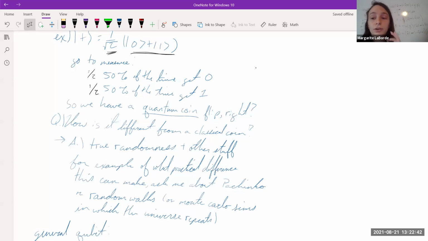There is a level of fundamental unknowability to your outcome. The interpretations of this differ greatly. Whether you're saying, well, actually the coin itself doesn't know what it's going to pop out to be until the end and the wave function collapses, or maybe you do multiverse theory and you're like, in one universe it comes up as 0 and in another universe it comes up as 1, and if you take all of the multiverses it gives you a 50-50 split.